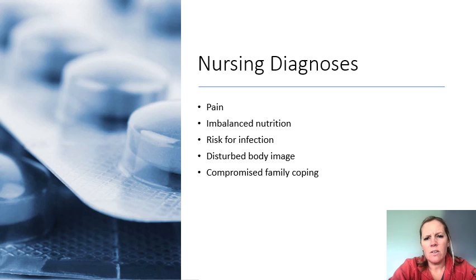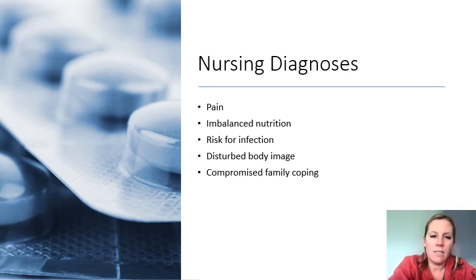Some interesting nursing diagnoses for the pediatric cancers are pain, nutrition, infection, as well as family dynamics. So you want to look at pain related to the neoplastic process in the bone, imbalanced nutrition, less than body requirements related to the disease process or the treatment process, whatever the causative factor is.